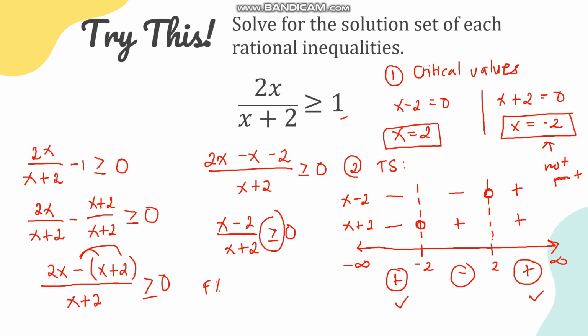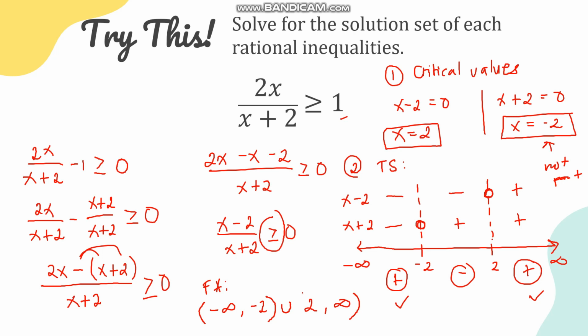So, for our final answer, we have negative infinity to negative 2. So for negative infinity, we'll use parentheses. For negative 2, we'll also use parentheses because again, it's not part of the solution. Then union, then we have 2 to positive infinity. So for positive infinity, it's parentheses again.